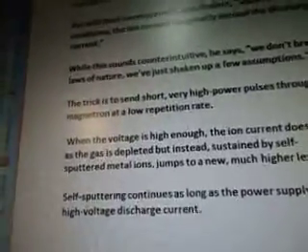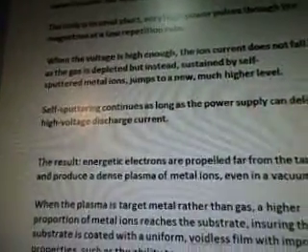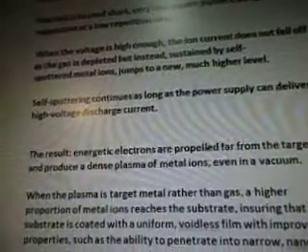Okay? When the voltage is high enough, the ion current does not fall off as the gas is depleted, but instead, sustained by self-sputtered metal ions, jumps to a new, much higher level. Self-sputtering continues as long as the power supply can deliver a high-voltage discharge current. The result: energetic electrons are propelled far from the target and produce a dense plasma of metal ions even in a vacuum.